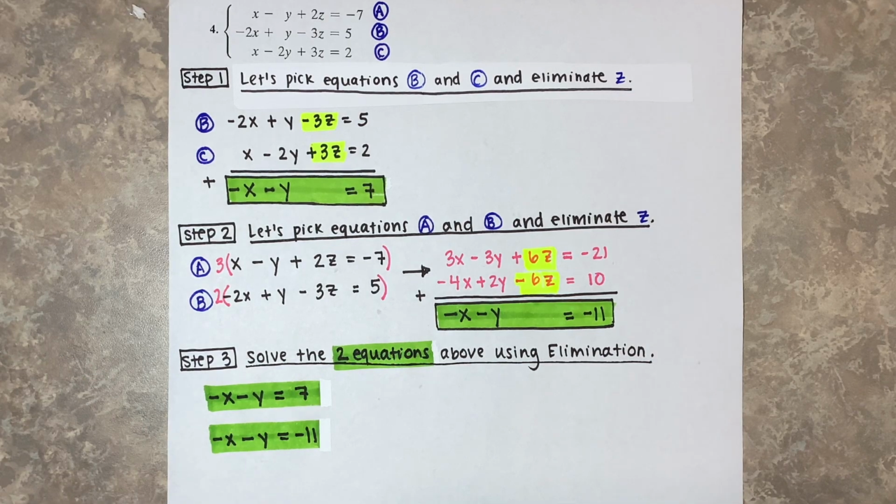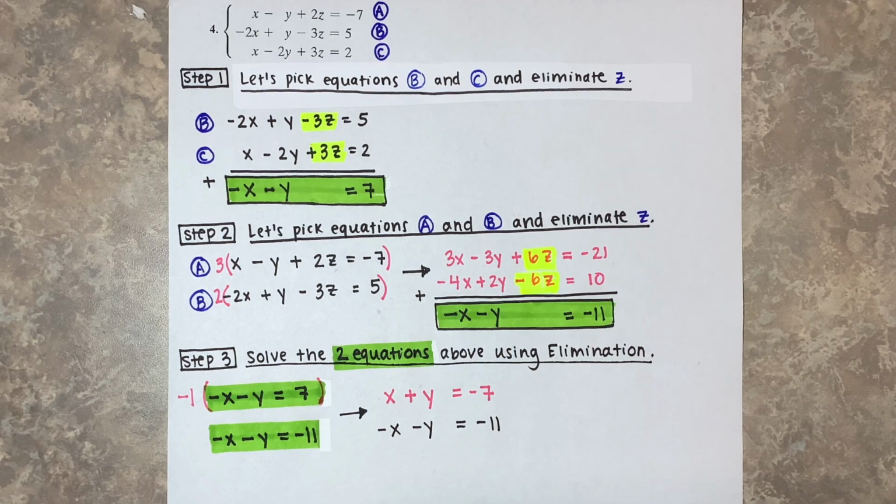Let's suppose that we want the x's to have matching but opposite coefficients. Well, right now we have -1x and -1x. So the coefficients match. To make the coefficients opposite, let's just multiply one of these equations by -1. Let's multiply each term in this top equation by -1, and then let's carry over this bottom equation.